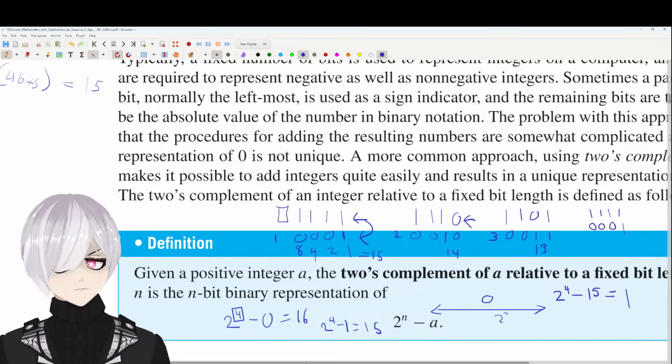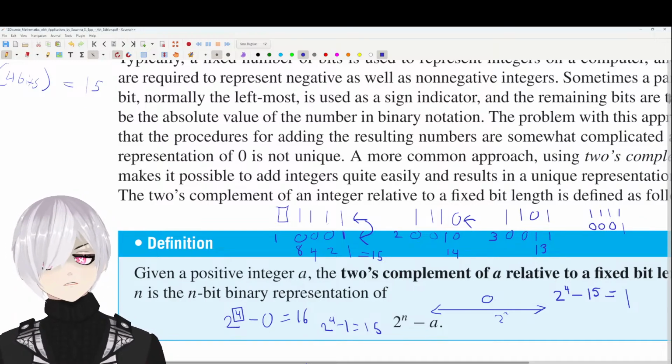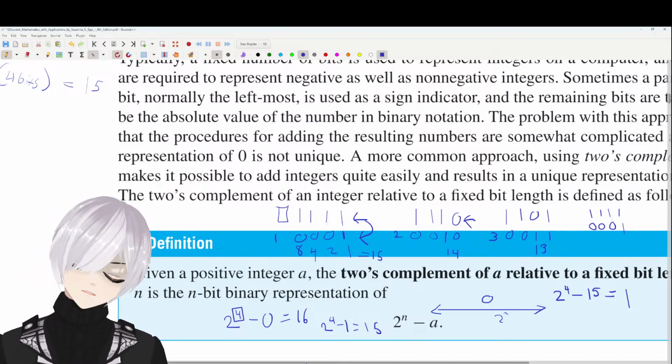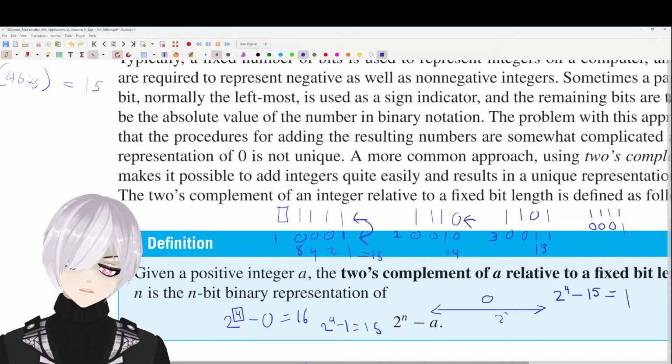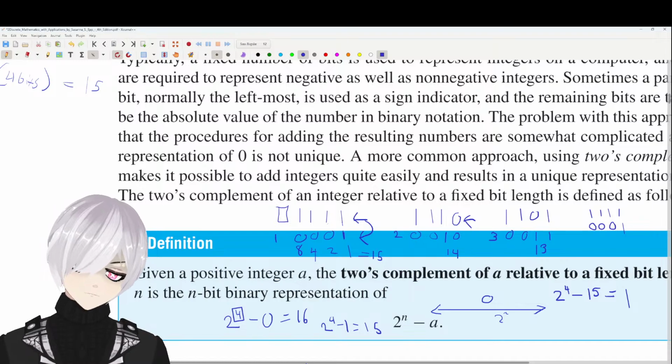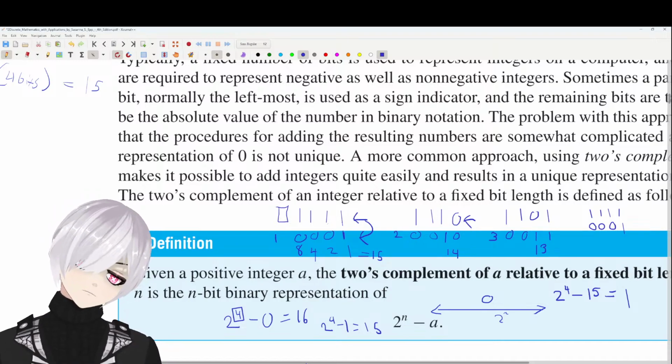Yeah, I guess the formula's not broken. You can get the 2's complement of any number. If you have n bits, you can take the 2's complement of anything from 1 to 2 to the n.